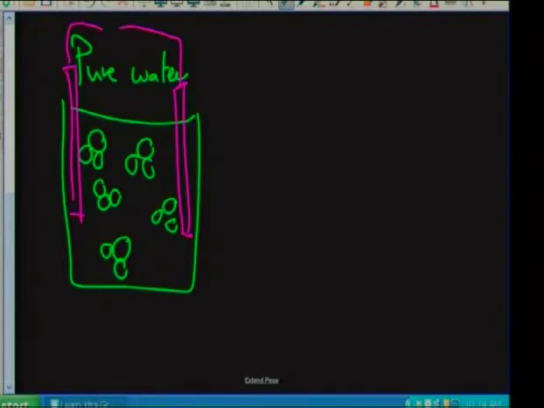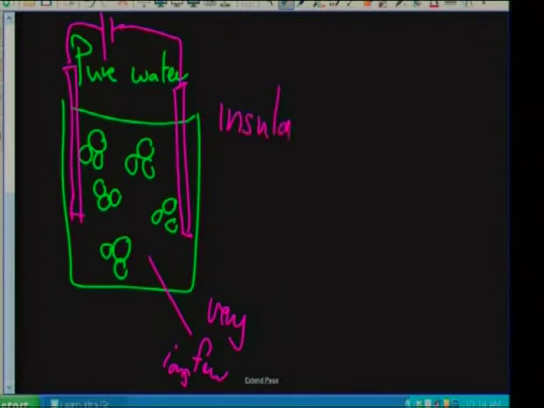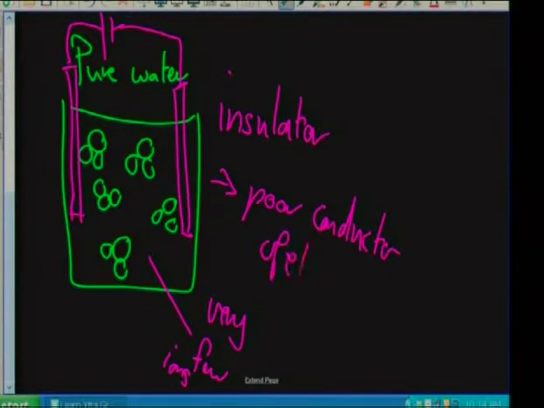This tells us that we have mainly molecules. Pure water has very few ions. And so pure water is a poor conductor, or insulator. It doesn't conduct. It's a poor conductor of electricity. The reason is because we've got few ions.